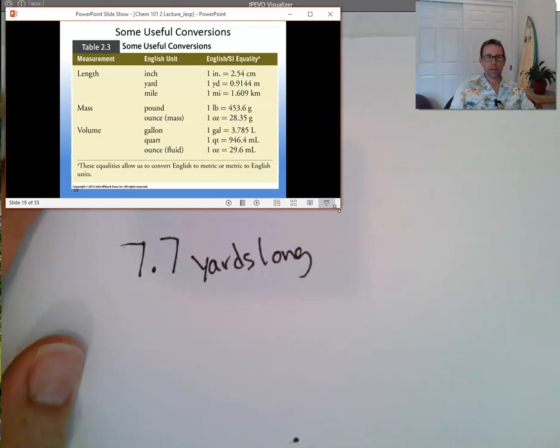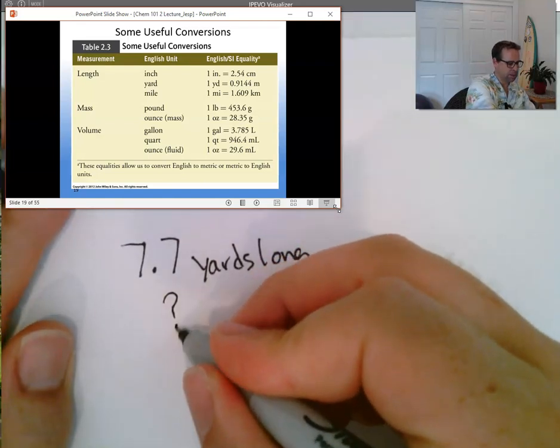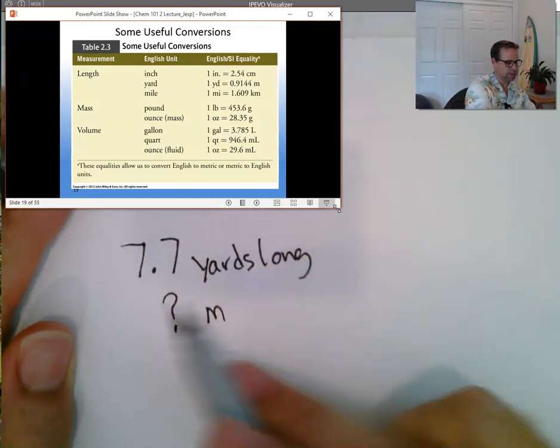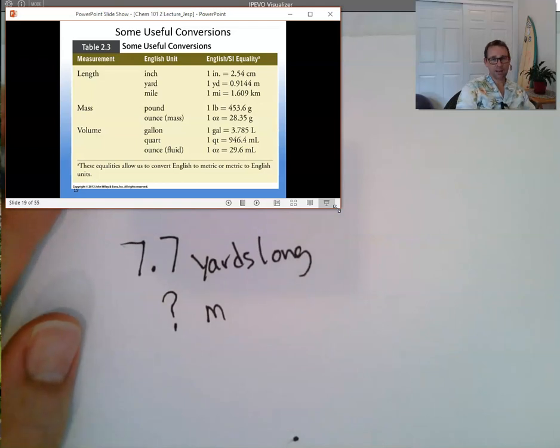And they sell the layering that I want to put on the bottom of the garden in terms of meters. So how long in meters do I need my material to be? So if it's 7.7 yards, how many meters is that? All right. So that is the kind of thing we need to be able to do.